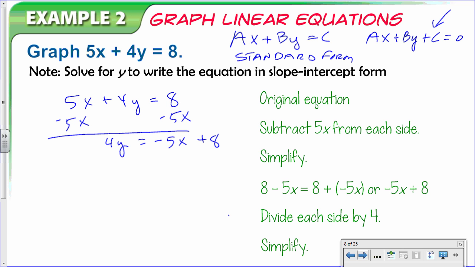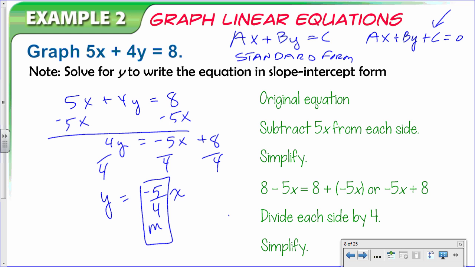Is y by itself? What's next? All what? All terms or just 2 terms or just 1 term? Got to do all the terms. That's what I mean. So that gives me y equals what? Now the -5/4 turns into my slope, doesn't it? Plus 2.